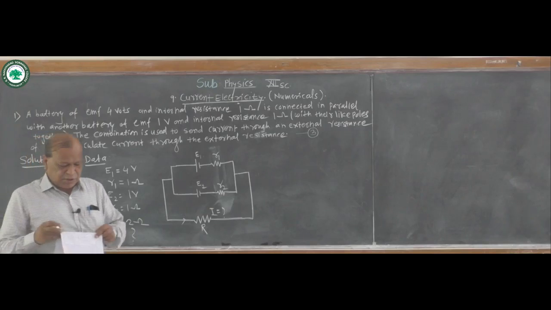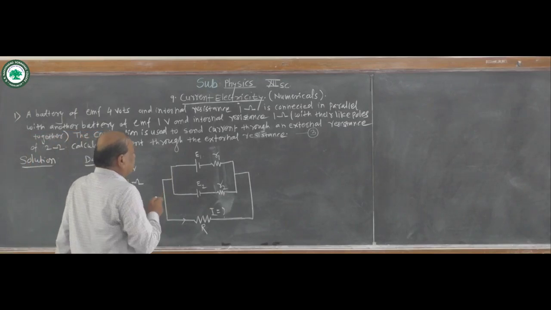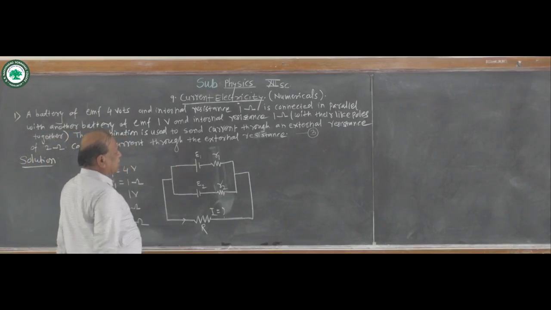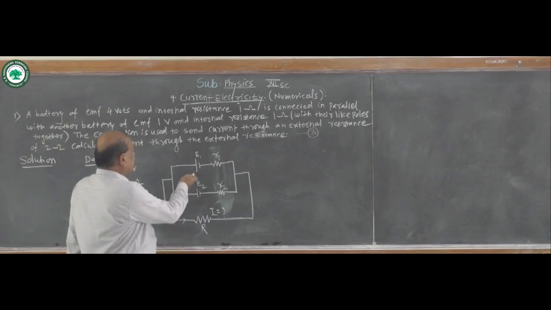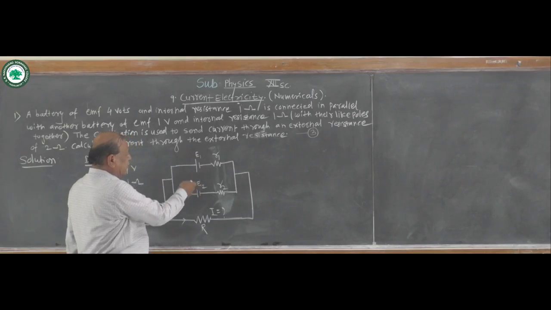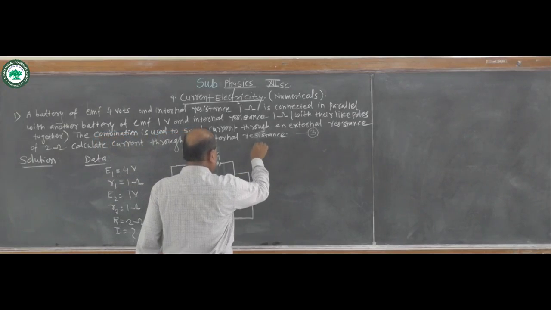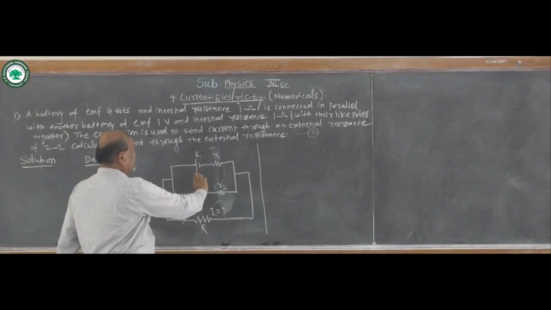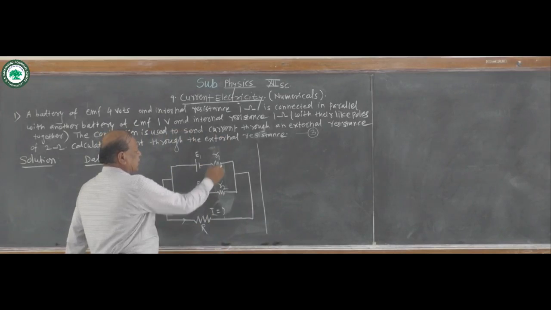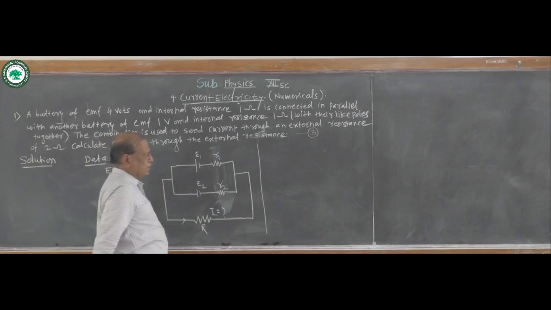Now in the previous lecture, we obtained the equivalent resistance and equivalent EMF for cells connected in parallel. First calculate the equivalent EMF, then R1 and R2, these resistors are connected in parallel combination. What is the equivalent resistance?